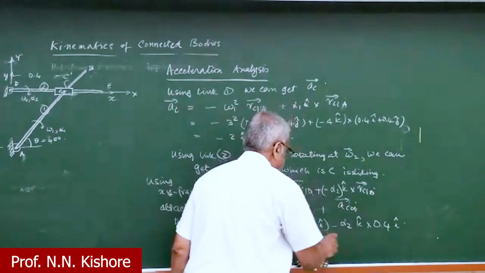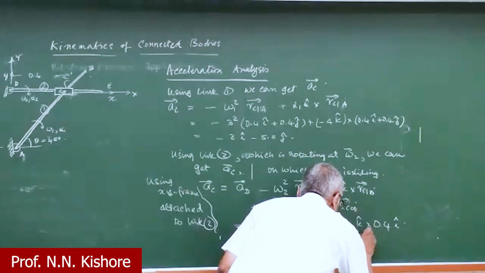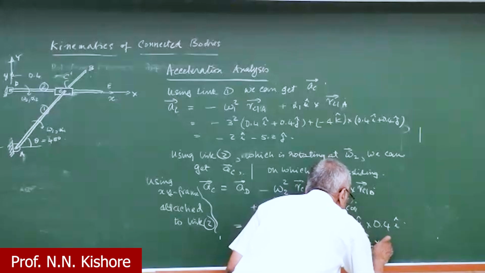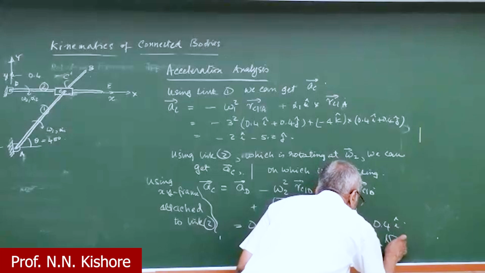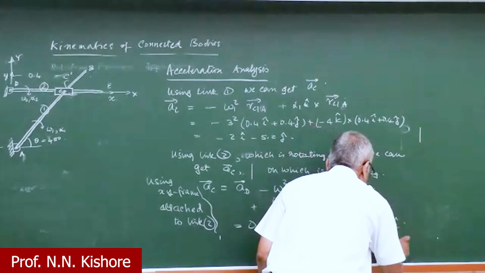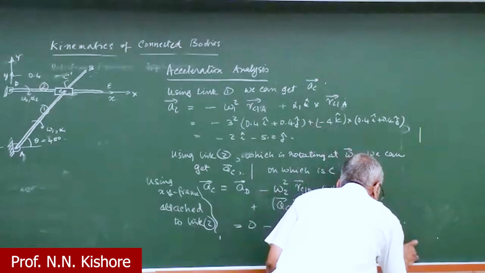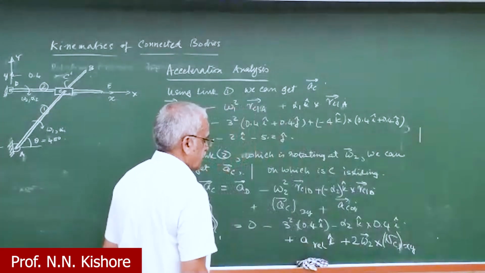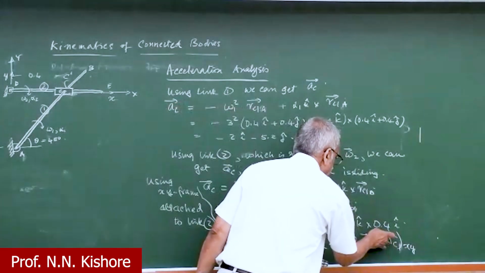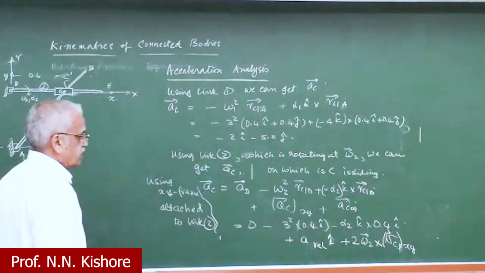And then Coriolis is the one which we write as 2 omega 2 cross velocity of C with respect to C prime.